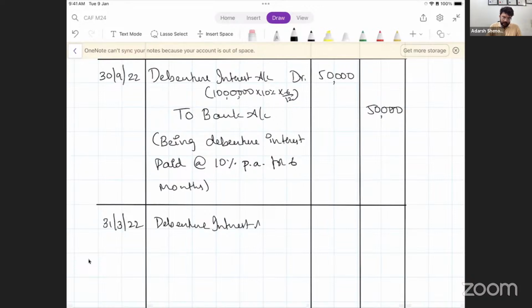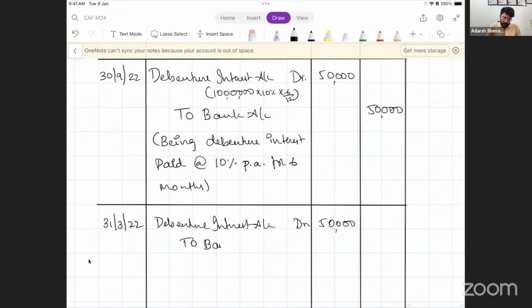Debenture interest account debit. The same 50,000 again, 10 lakhs into 10% into 6 by 12, 6 months of the interest. 50,000, to bank account, 50,000.